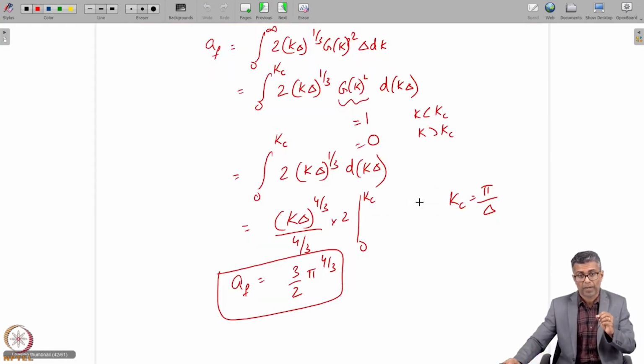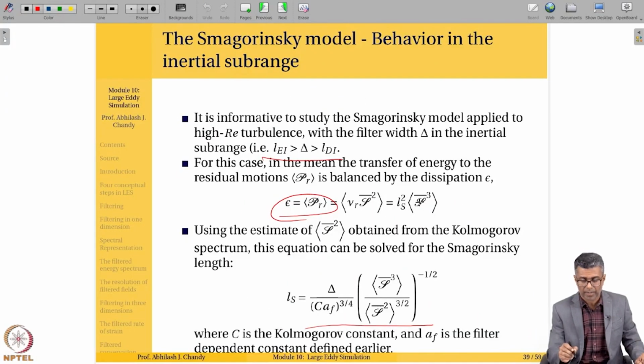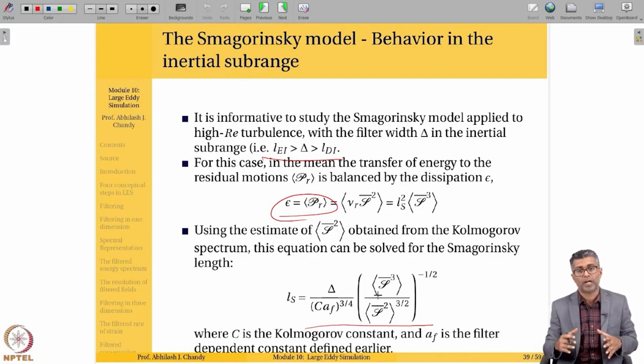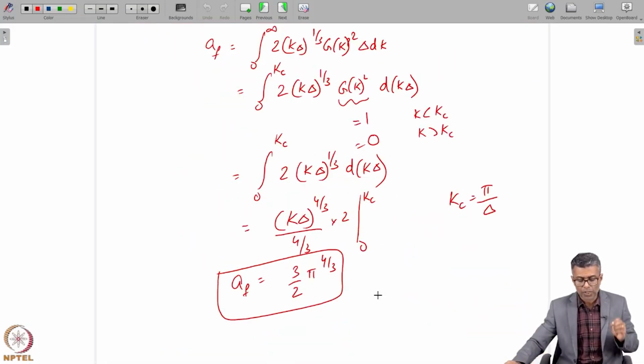One other assumption we made is this minor assumption where we assumed S bar cubed average is S bar squared to the 3/2. So we assumed those to be equal. Once you do that, you are integrating only till the cutoff wave number. So you are saying that your filter width is in the inertial subrange. You are saying there is no dissipation there. You are assuming the Kolmogorov spectrum.